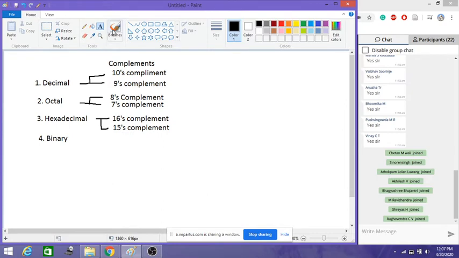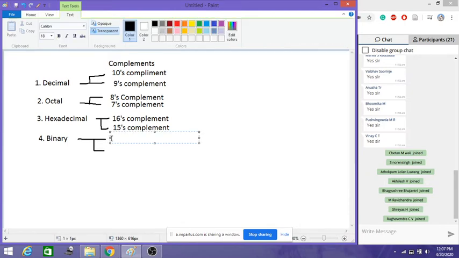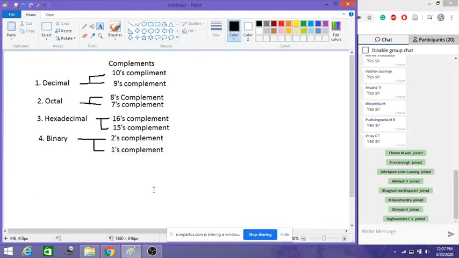In binary, the mostly used are 2's complement and 1's complement. Now let us see one by one what these complements mean.